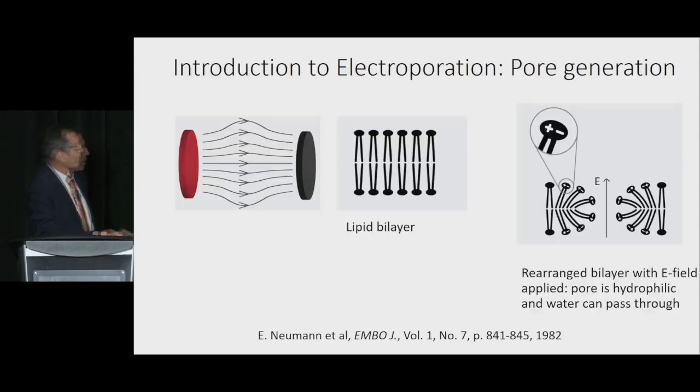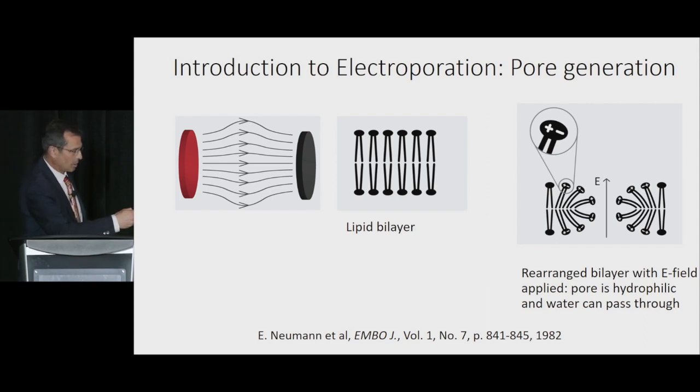And if you apply an electric field, as shown on the left panel of this slide, to a tissue, it will create some rearrangement in the bilayer membrane of the cell so that some pores happen.